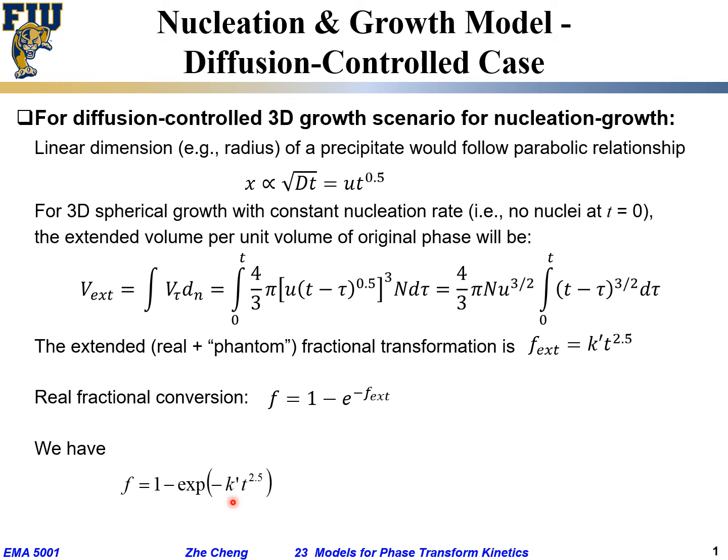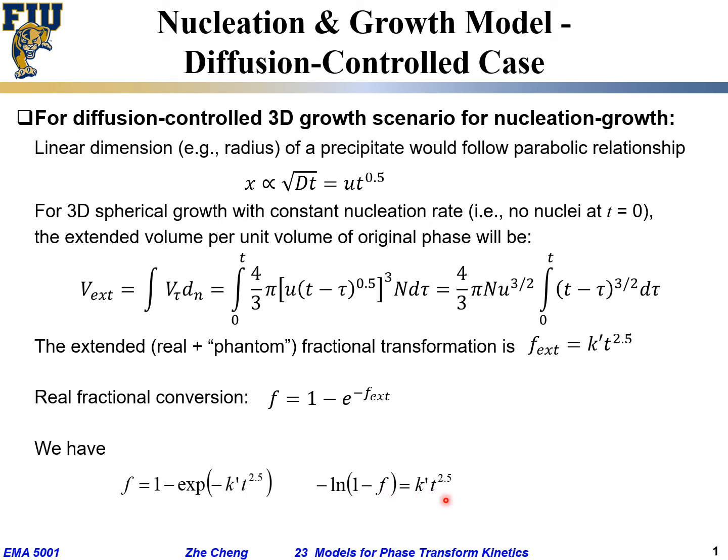If we do not know it, but we measured it in experiment, then we can take the natural log of 1 minus f, the natural log of the exponential term, and move the negative sign to the left side. This is what we are going to have: time t versus fraction of conversion.